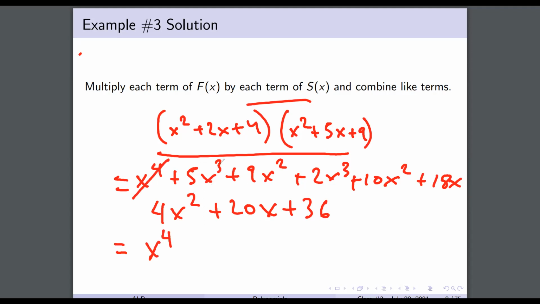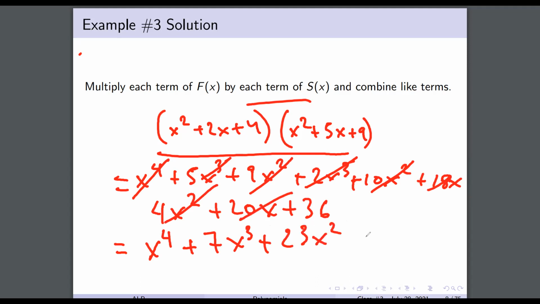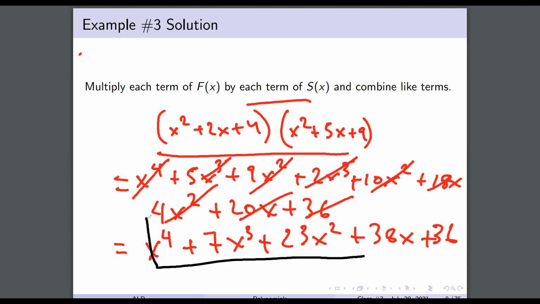The values with x cubed are 5x cubed and 2x cubed, so that would be 7x cubed. Then 9x squared, 10x squared, and 4x squared would be 23x squared. Values with x would be 20 and 18, that's 38x. And our constant term would be 36. Then our answer, switching to block, would be this. Hopefully, everyone can understand this.